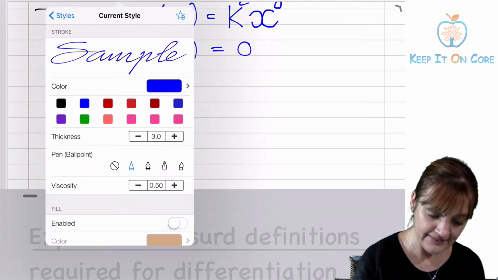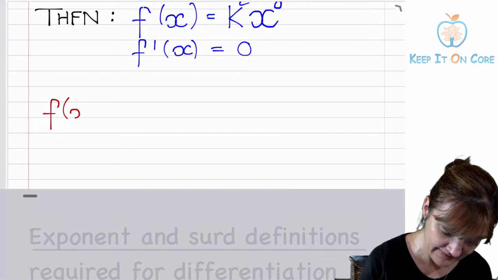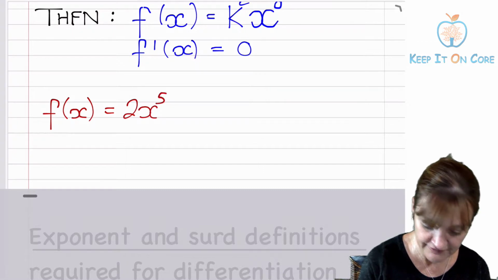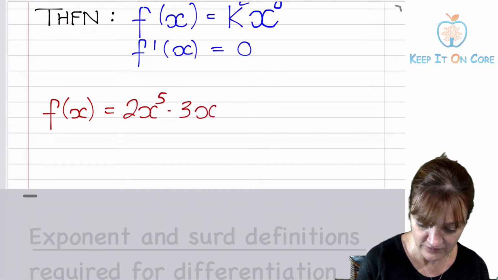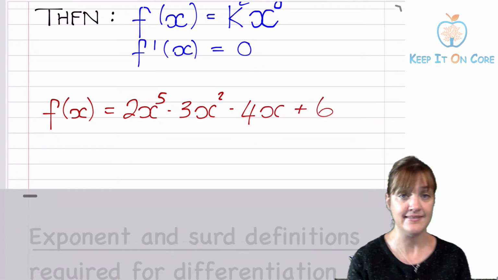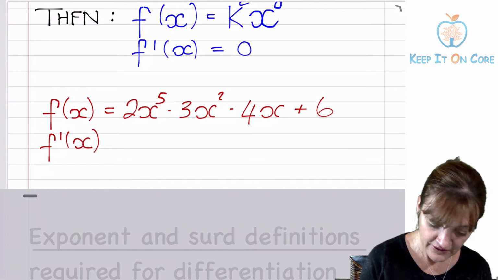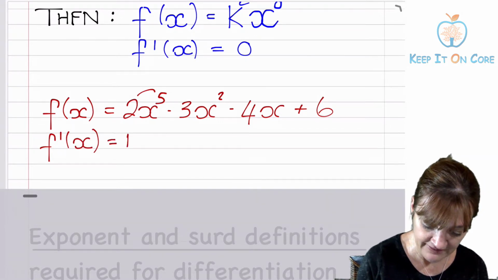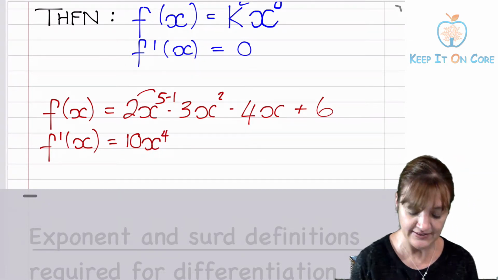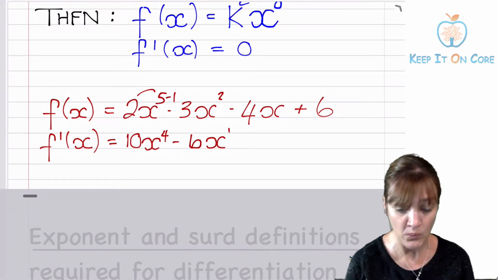I'm going to give you a nice example here. Let's throw everything together. f of x equals 2x to the 5 minus 3x squared minus 4x plus 6. What's my derivative going to be? Law 1 says 2 times 5 is 10x, and I subtract 1 from the exponent, so it's 10x to the 4. 3 times 2 is 6x to the 1.